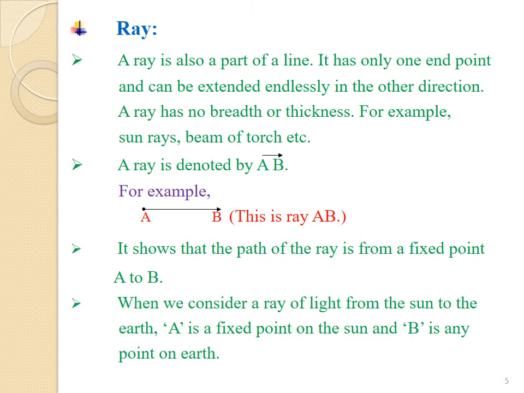Thus, we can say that a ray is a part of a line which starts from a fixed point and extends endlessly only in one direction. Thus, a ray has one endpoint and has no definite length. Thus, we cannot measure the length of a ray.